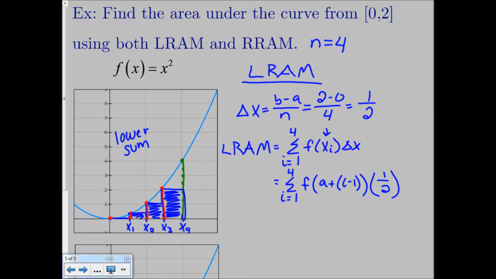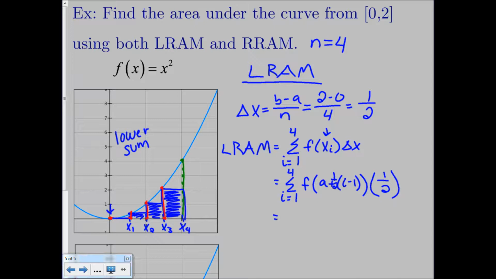So think about if you plug in 1 for i, which is the first starting point, you really want to get it back at x being 0. So if I just plugged in i of 1, I would get my 1/2 back. Oh, and there should be a 1/2 here. So because I want 0 in here, when I plug in 1, I want to get 1/2 times 0. So I need to put the i minus 1 in there.